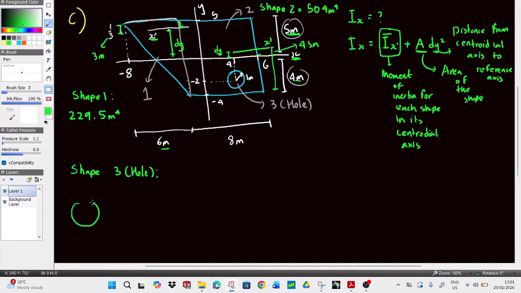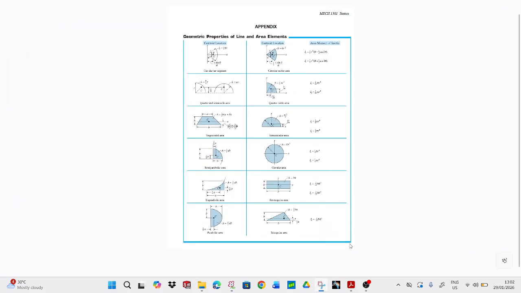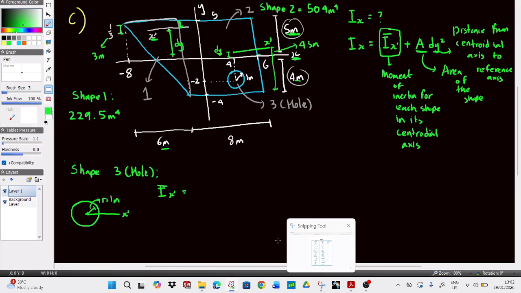So we have a circle. The radius r is 1 meter, and its centroidal axis would be here, x prime. Let's solve for Ix prime for the circle itself, which in the appendix is given to us as 1 over 4 pi r to the power of 4 for a full circle.